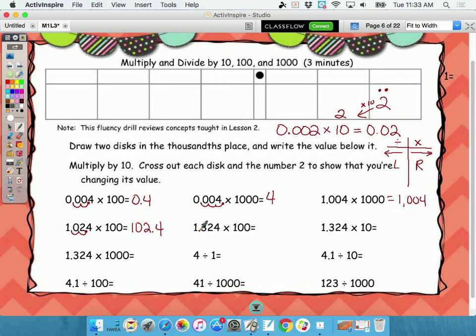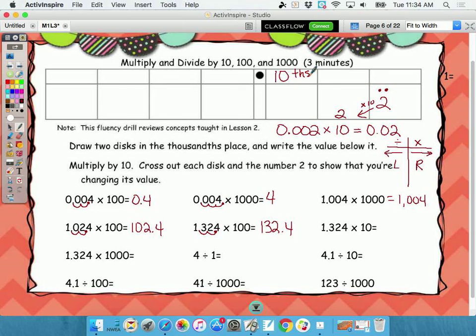If I multiply 1 and 324 thousandths times 100, what do I get? 132.4. That's correct. What is the number? Who can say that number? Aubrey, do you girls want to try? 132. And 4 what? 4/10. Tenths, 1 place value to the right.